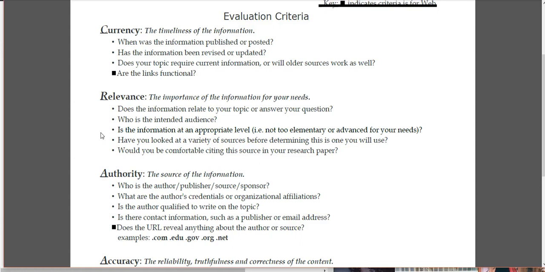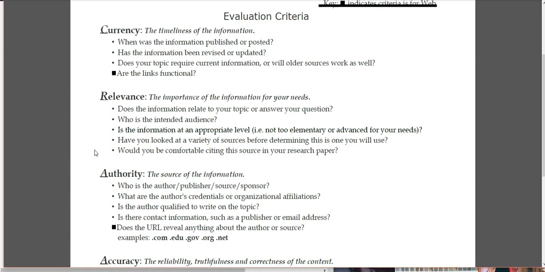Are you trying to find general information but only find scientific reports, or the other way around? Have you looked at a variety of sources before determining this is the one you will use? Sometimes we are in a real hurry to find information and we don't take a look at multiple sources. And sometimes that can be an issue if you just pick the first thing that you see.